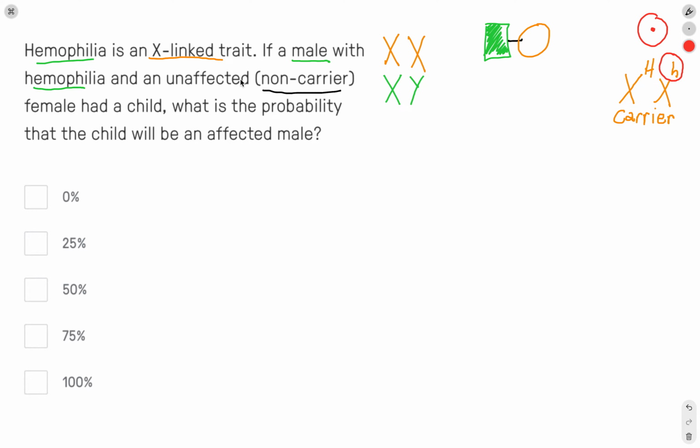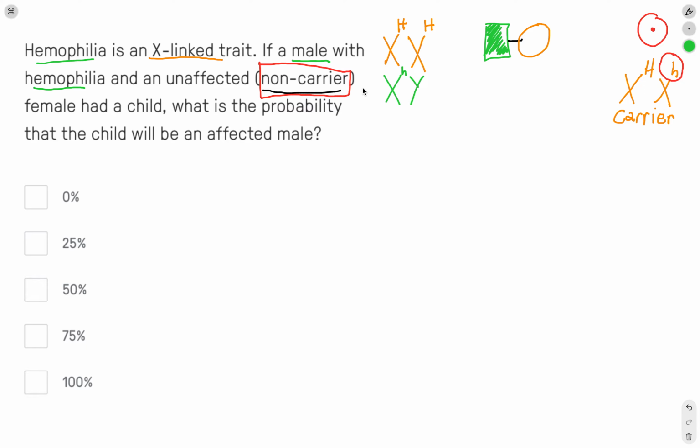Here in our question, we're talking about an unaffected non-carrier. That means this woman here is homozygous dominant. She has both dominant alleles, and the guy has hemophilia. So if the guy has hemophilia, he has the recessive allele. And what does he have here?